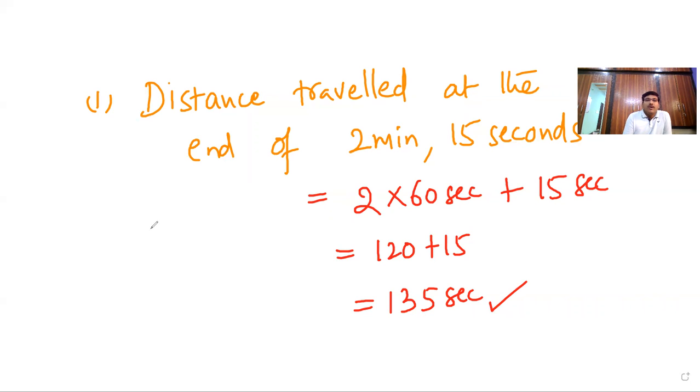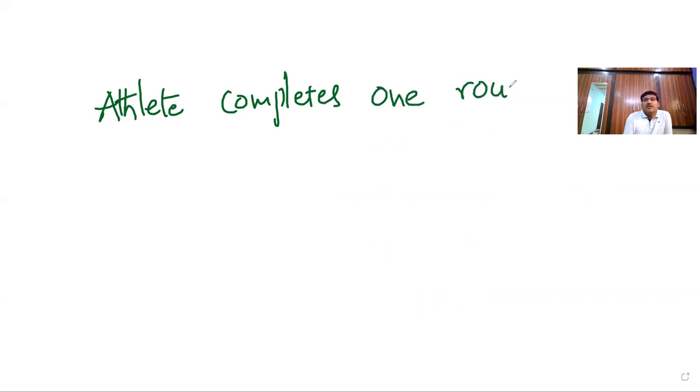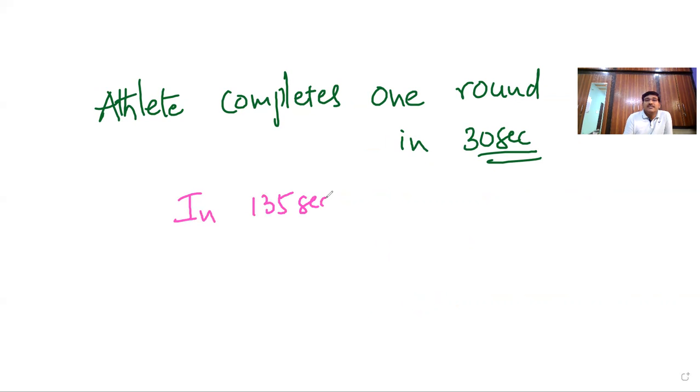Clear? Now observe. The athlete completes one round in 30 seconds. And in 135 seconds, how many rounds will he complete?